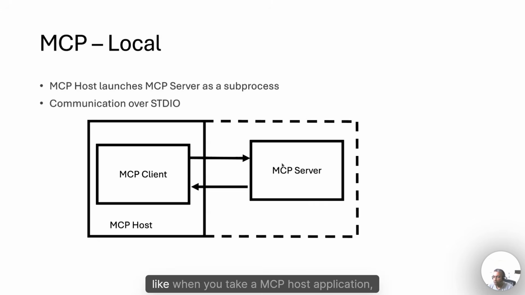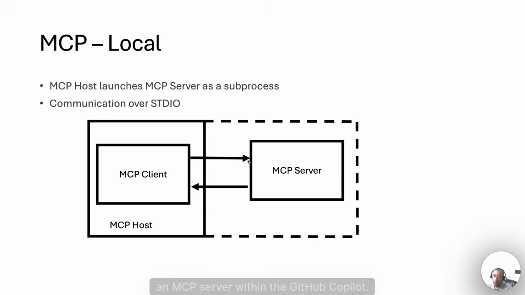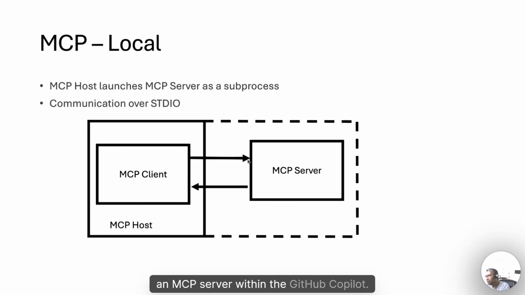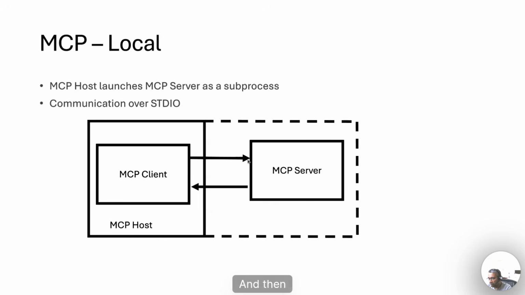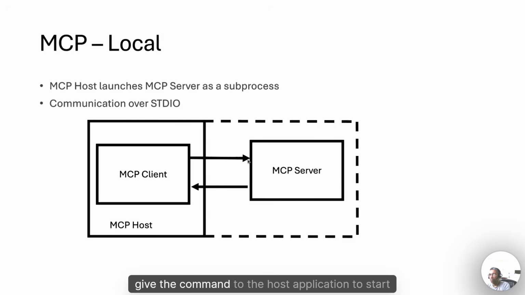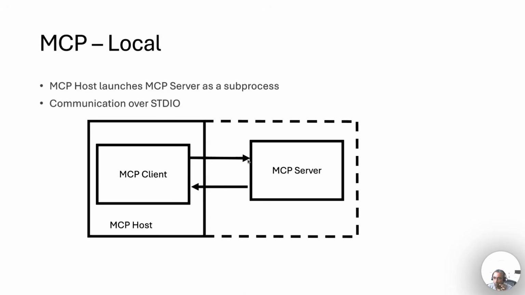When you take an MCP host application, like for example GitHub Copilot, we configure an MCP server within GitHub Copilot, and when we give the command to the host application to start the server, the host application will start the MCP server as a sub process of the parent host application's process.